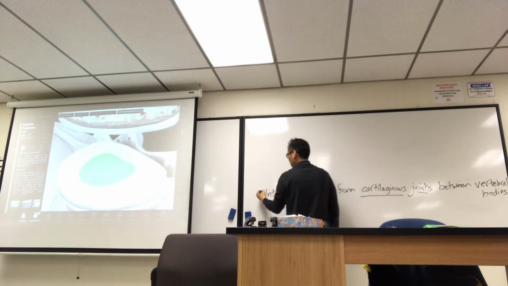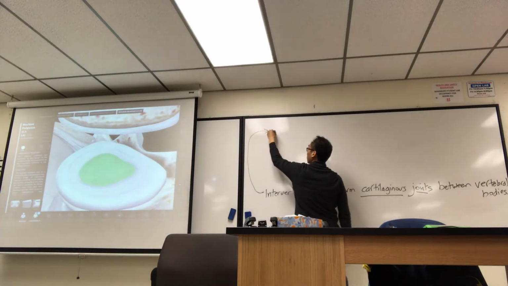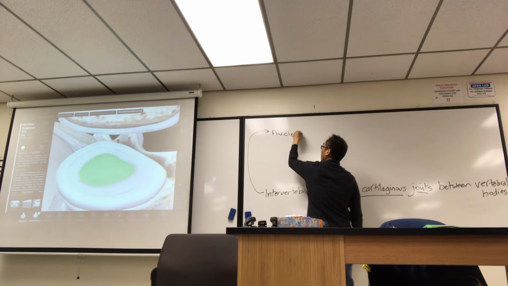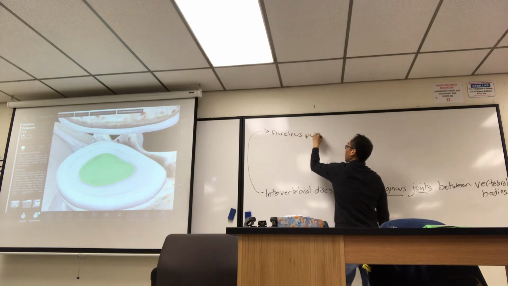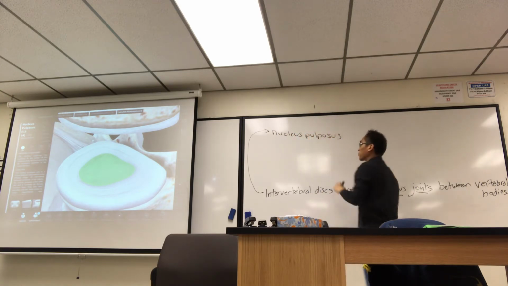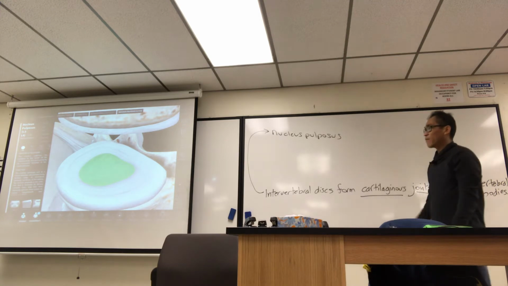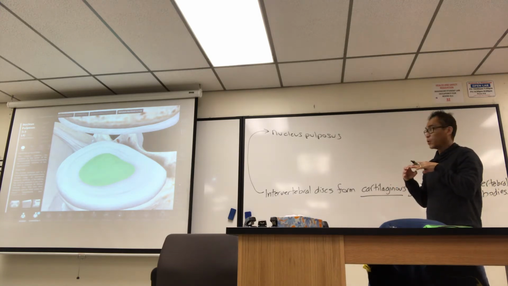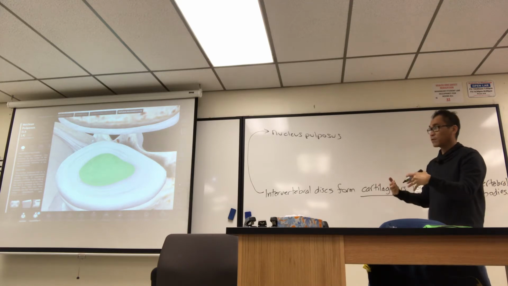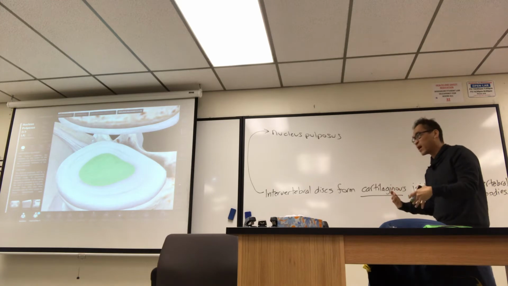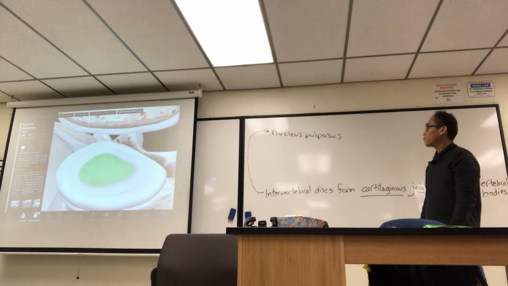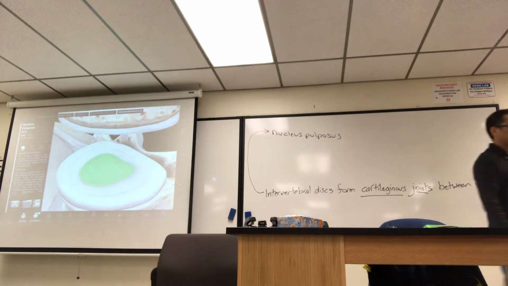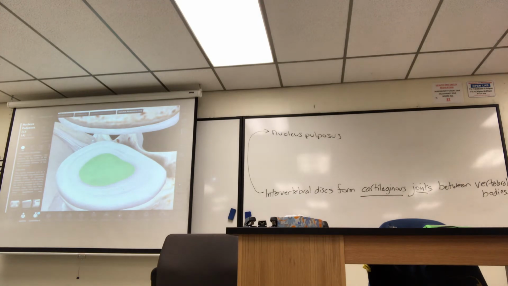So I'll just continue the notes for IV discs up here. I've heard this described like a little ball bearing inside the disc where you can squish it backwards and forwards and to the left and to the right as you move your chest. Now, the tissue that surrounds it is a fibrocartilage called the annulus fibrosus.